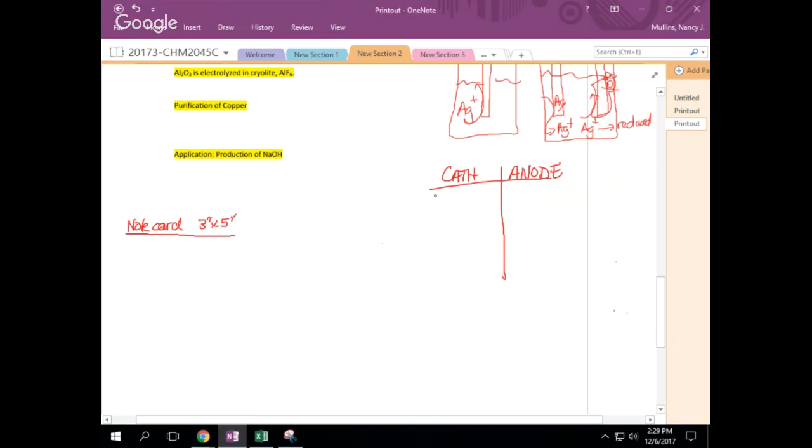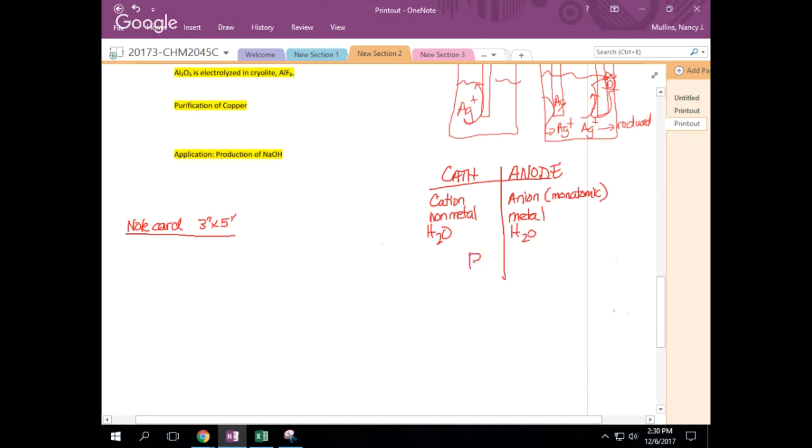But the cathode typically is going to be something that's a cation, could be something that's a nonmetal. And who's the major competitor? Water. Your anode typically could be an anion if it's monatomic. It could be a metal, and water.